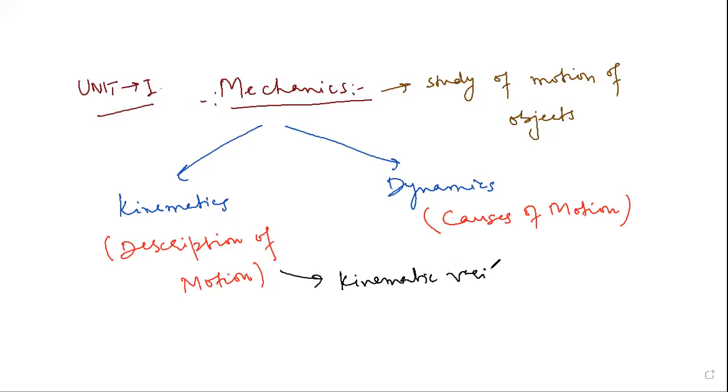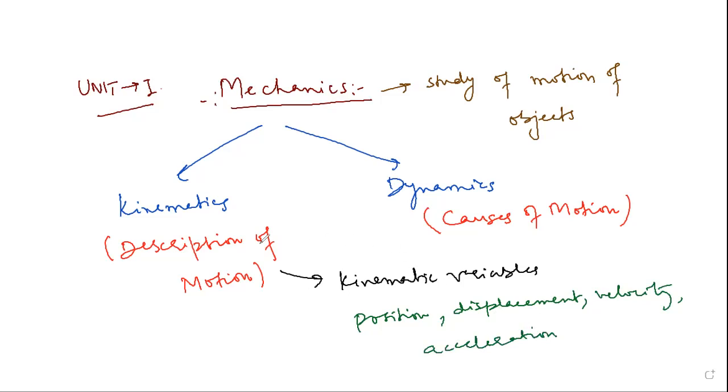What are kinematic variables? Kinematic variables are position, displacement, velocity, acceleration.